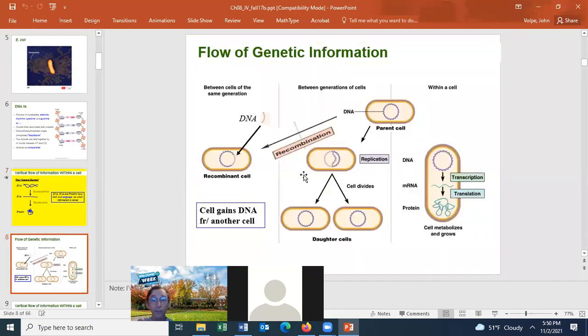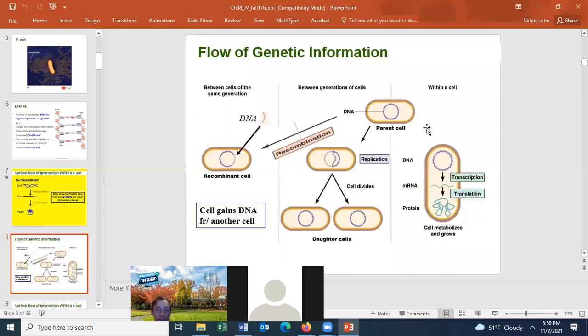When we're talking about the flow of genetic information, it's important to realize that information can flow within a cell. Information can flow between generations of cells, or we could say between different generations, like a parent and an offspring. Or the information can flow between cells of the same generation.